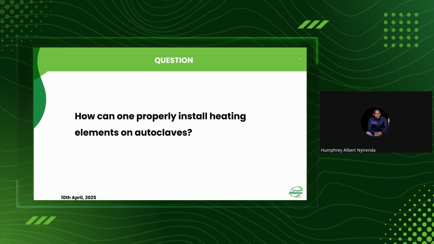So I'll just give an overview of the different connections that you may find with your autoclave. Normally we have star and delta connection. There are a few differences between them. In a delta connection, each heating element is connected between two phases, so each element is fed with two phases, because in the delta connection we don't use the neutral.